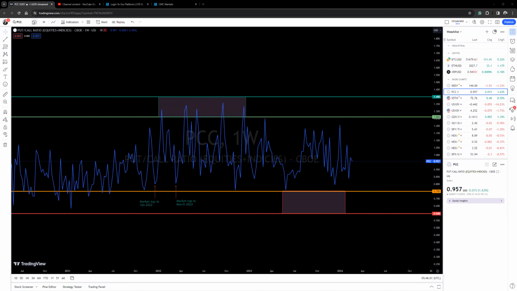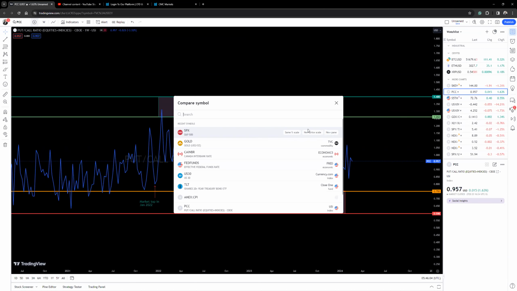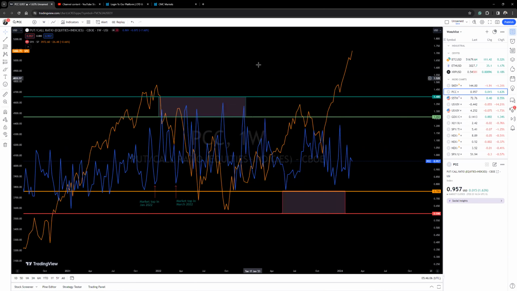Again, if I add the S&P 500 chart here, you see the different cycles. When the market is getting to the top, let me just show here, you see that this is a bearish signal coming down here. When there's a bullish signal, this means the S&P 500 is hitting the bottom here.